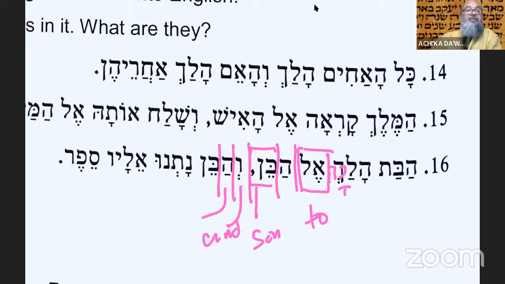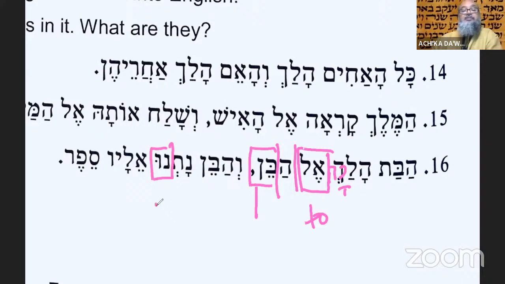Nathanu, gave. But we have a problem. What is the problem? This is plural and this is singular. This is talking about us, and this is talking about a single son. That's the problem, because nu on the end of a word is an ending. It means to give, so this is saying we or us.